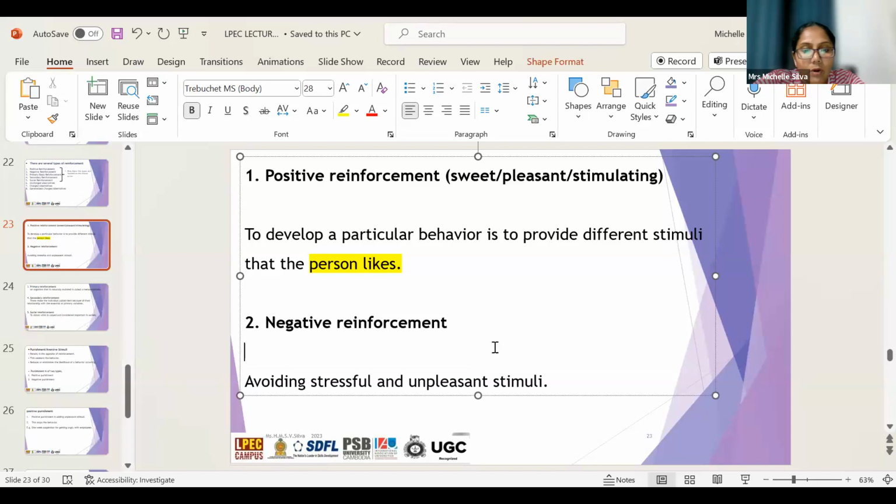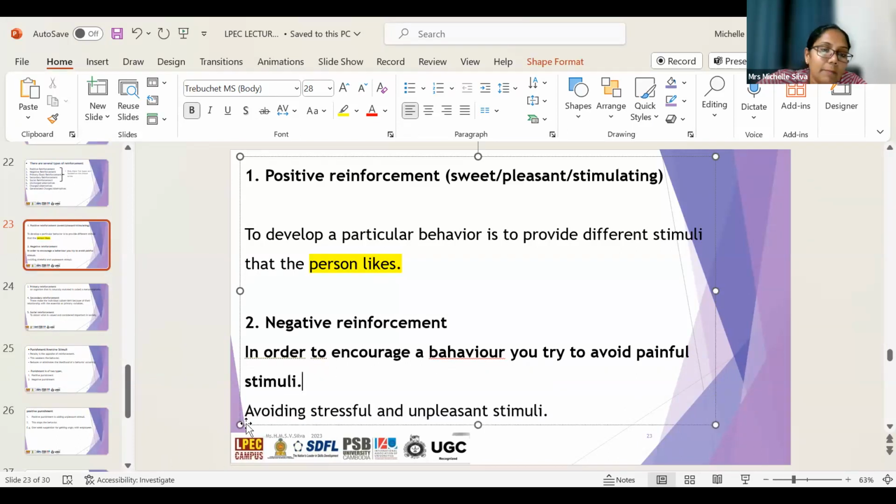Simply, in order to encourage a behavior, you try to avoid painful stimuli.